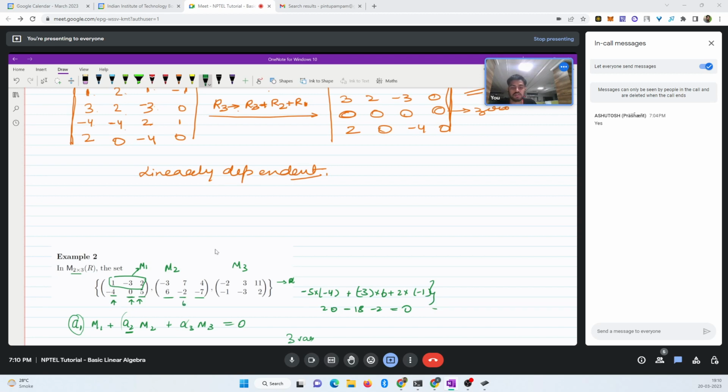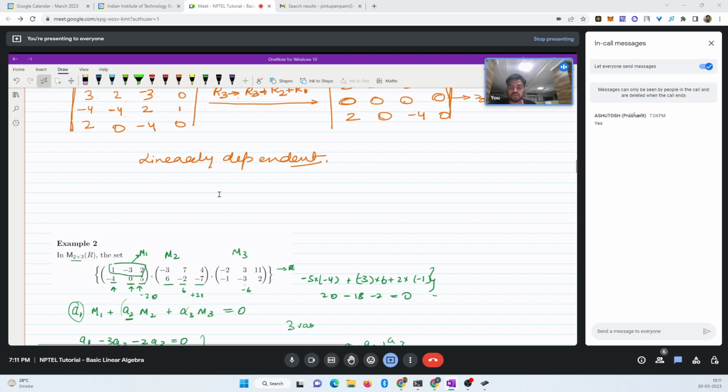This is 6 minus 6, which is again 0. Okay. Now for the last one, from here we get minus 20. From here we get plus 21. Wait, 5 4s are 20. From here we get 21.